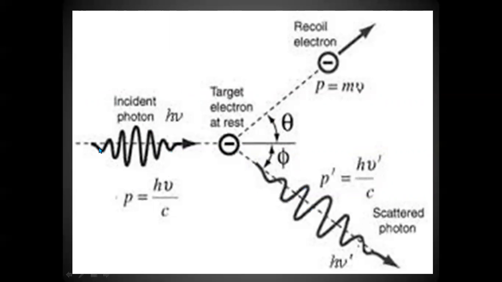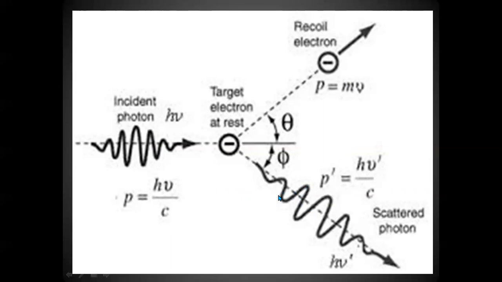You see, when frequency is decreased, lambda, that is wavelength, is increased. Nu and lambda are in inverse proportionality. So here in this photon, more number of waves will be there. Here less, because its frequency is less.